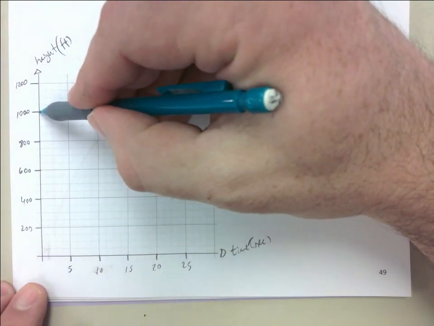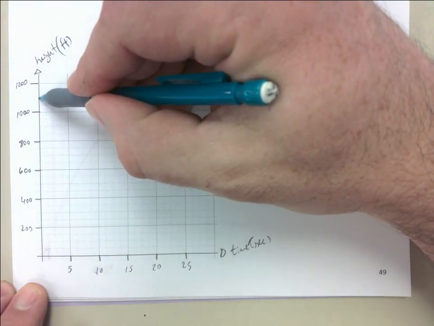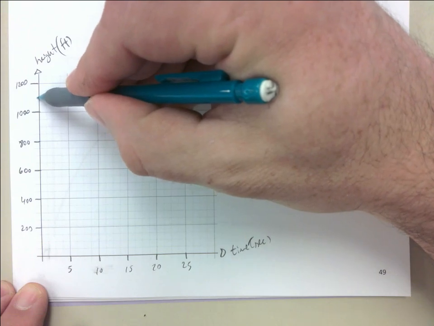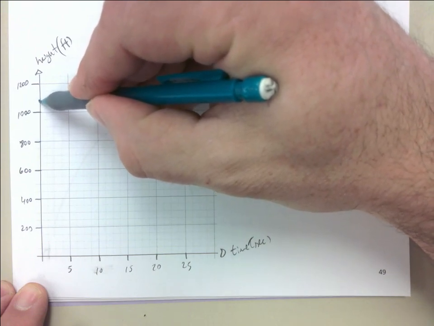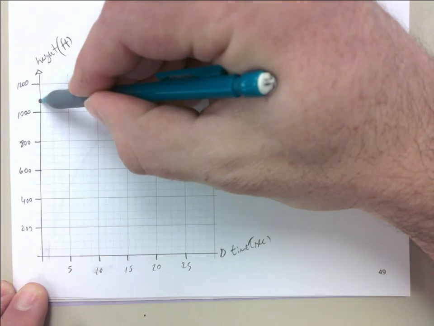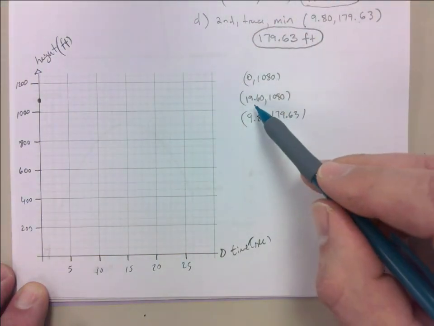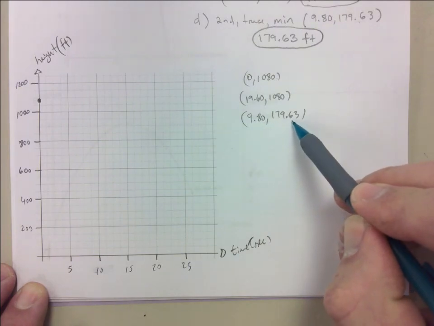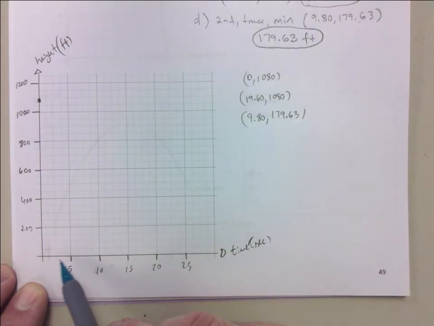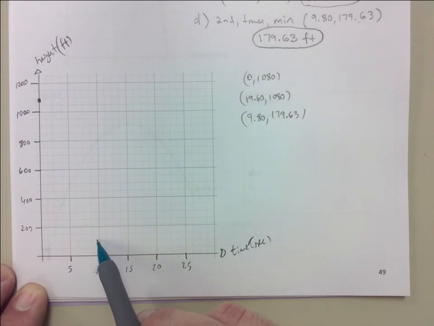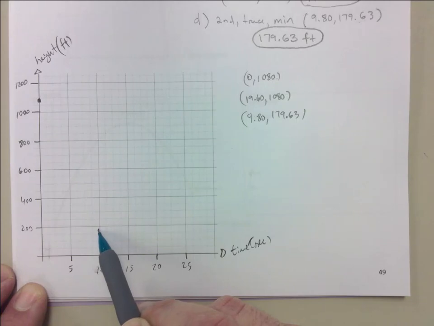This would be 1100 right here. So 1,080 is right about there. My vertex, which happens at 9.8, 179. This is 10, that's 9, 9.8 is right about there. I'm gonna see here, this would be 100, 150, 179 is right about there.